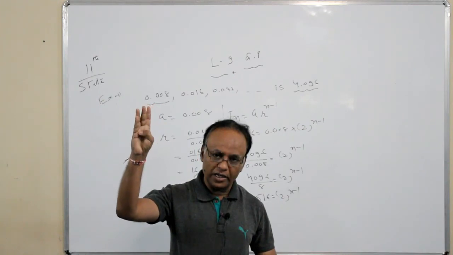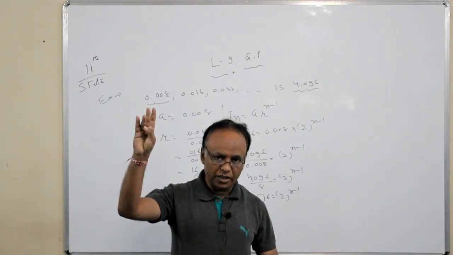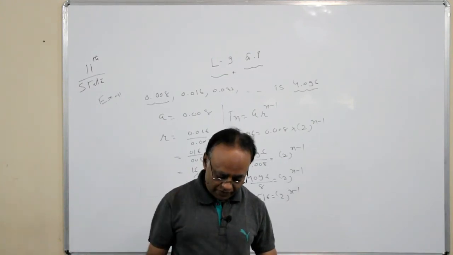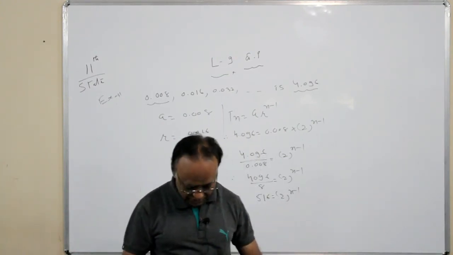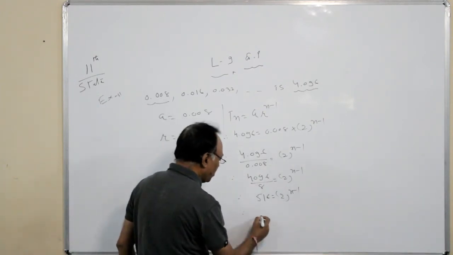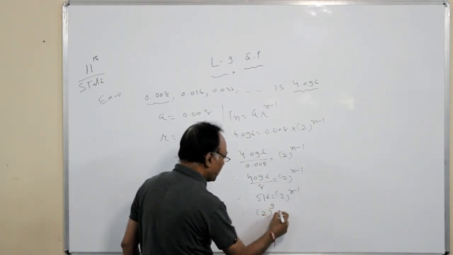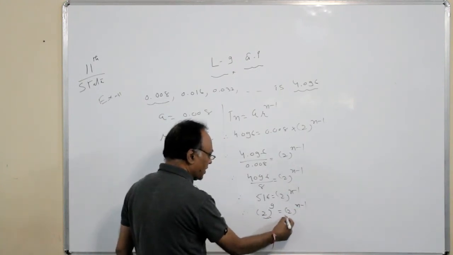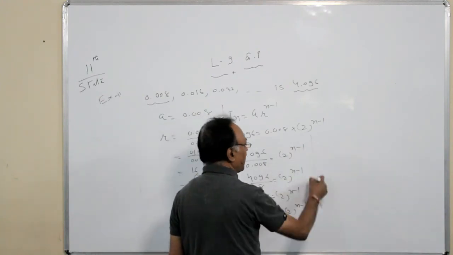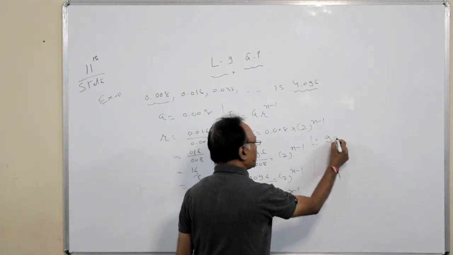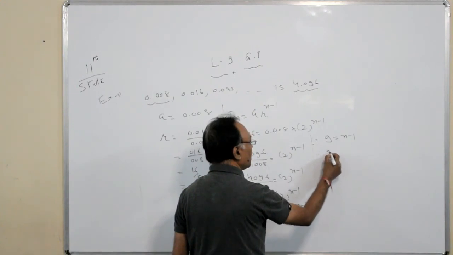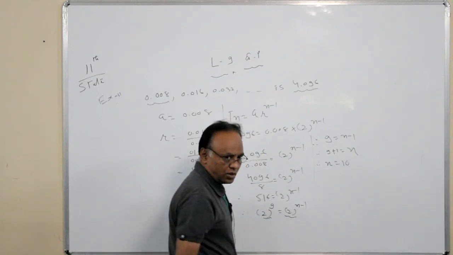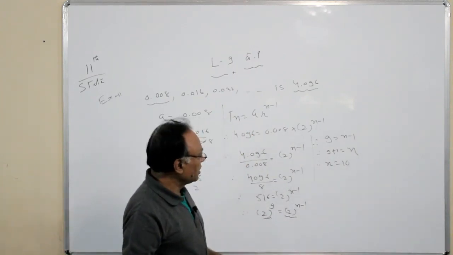You have to remember the table of 2. So it is 2 raised to 9, equal to 2 raised to n minus 1. Now the bases are equal, so we can compare the powers. Therefore 9 is equal to n minus 1, 9 plus 1 is equal to n, therefore n is equal to 10.